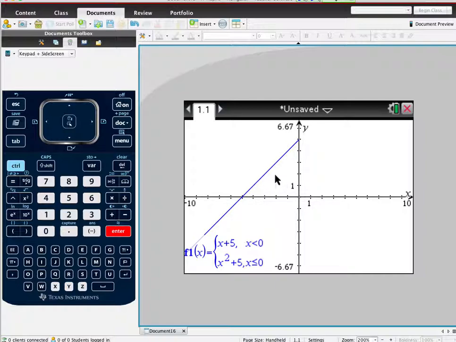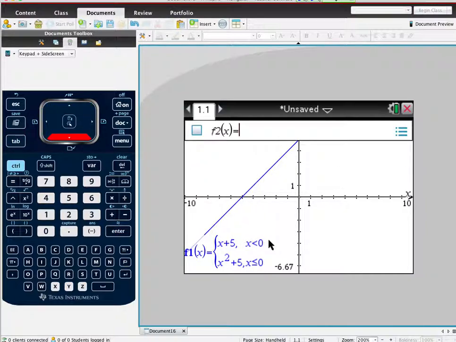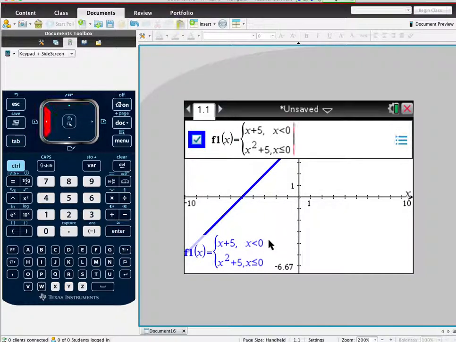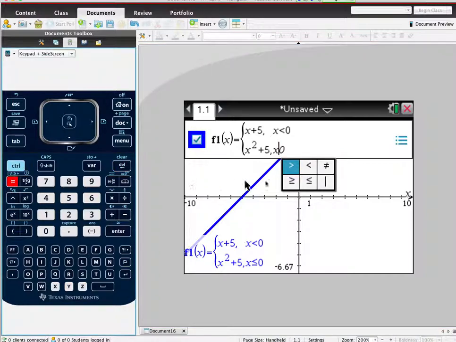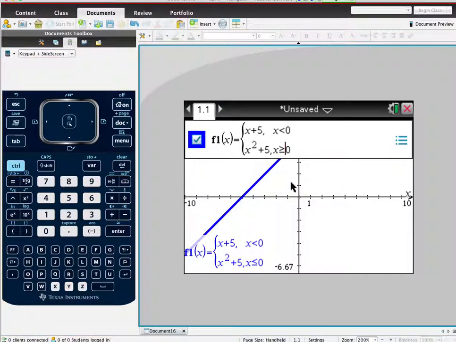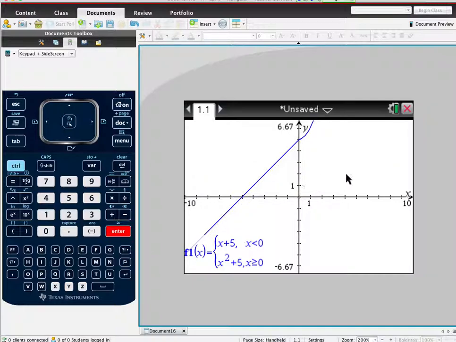Press enter. It didn't give me all of it though. Oh, yeah, you're right. x plus 1. I asked you to change it. There we go. So this is what our graph looks like.